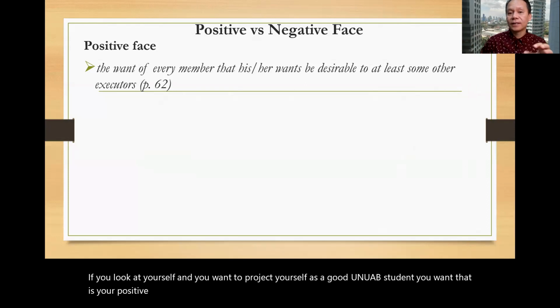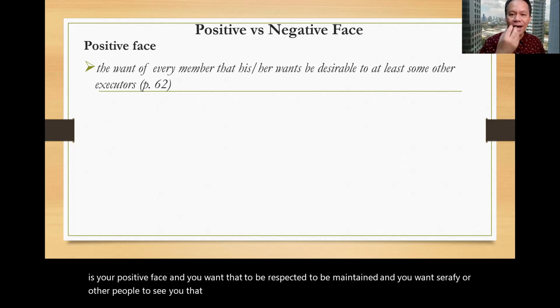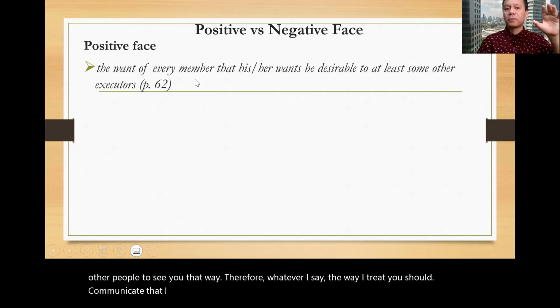And you want that to be respected, to be maintained, and you want Sir Rafi or other people to see you that way. Therefore, whatever I say, the way I treat you should communicate that I recognize your positive face. You with me?